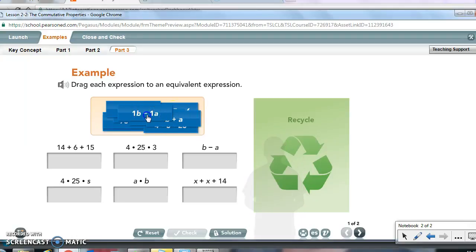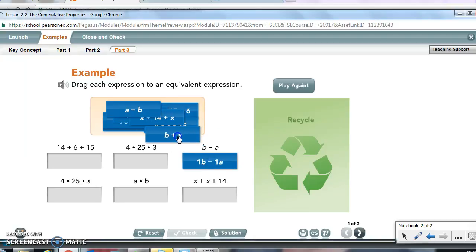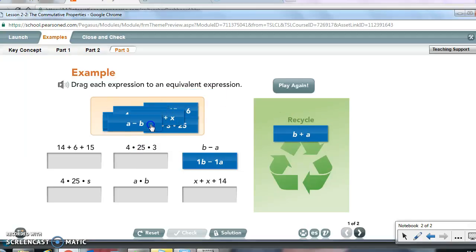So b minus a can be simplified as b minus a. B plus a, well, I know that that is not up here, so that's a recycler. Okay, a minus b is also not up here. Okay, x plus 14 plus x, well, I can write that as x plus 14. 4 times 3 times 25, is that anywhere up here?